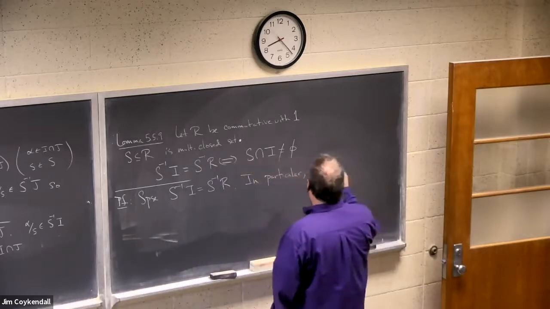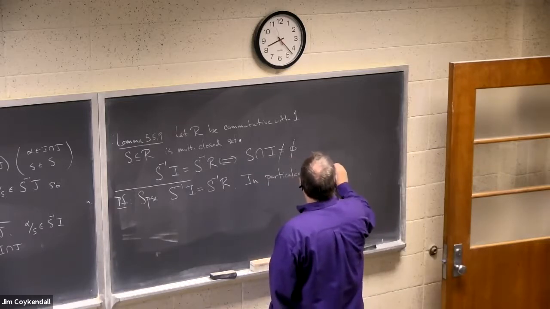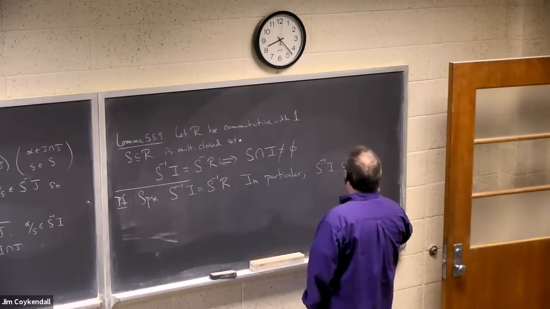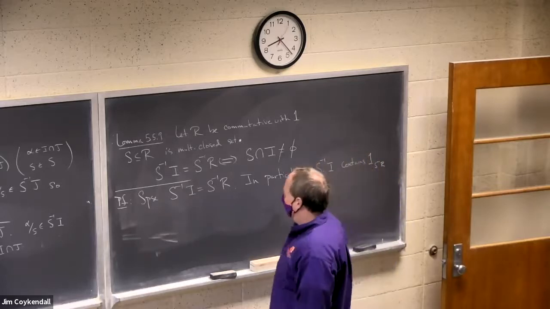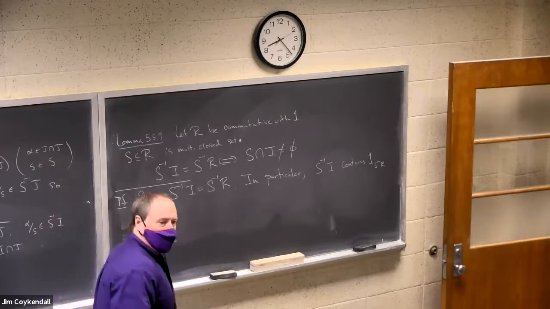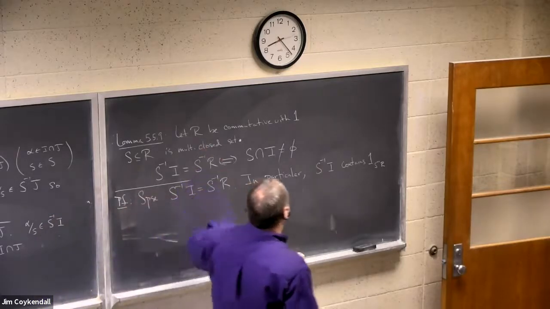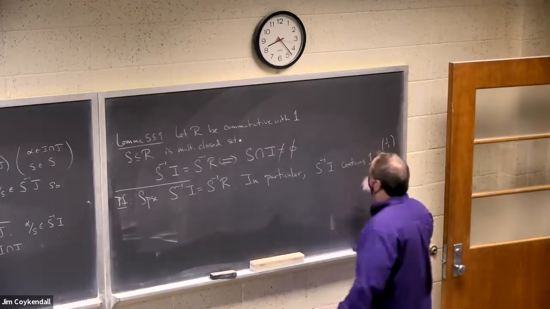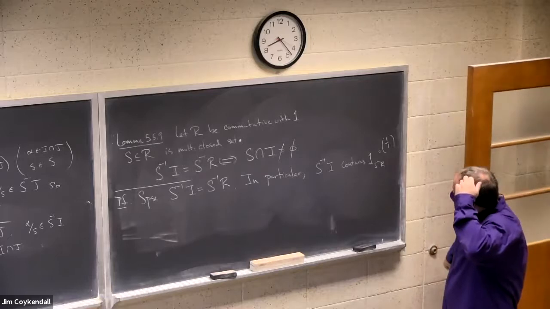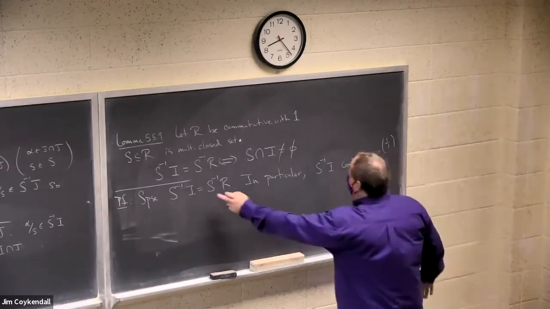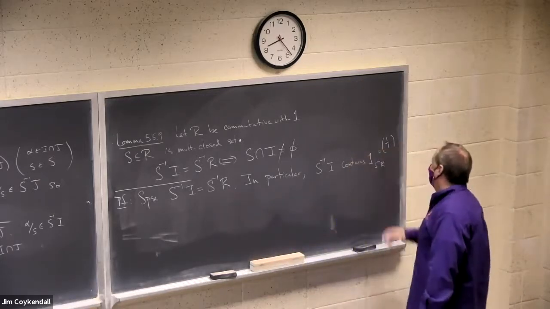What this means is S inverse I contains the identity, which I will abuse the notation called 1. Since the ring has identity, you can think of this as 1 over 1, because 1 would be in the set S. You can assume that. So let's do that.